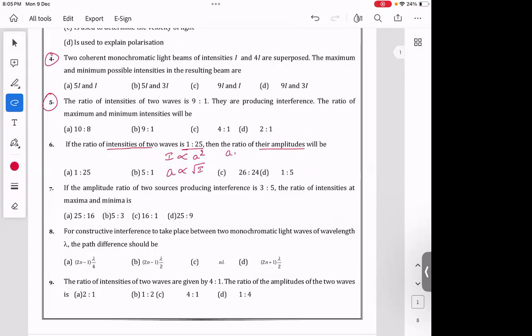So A1 by A2 is root of I1 by I2. Root of 1 by 25 is 1 by 5. So the ratio of the amplitudes is 1:5. So option D is the right answer.